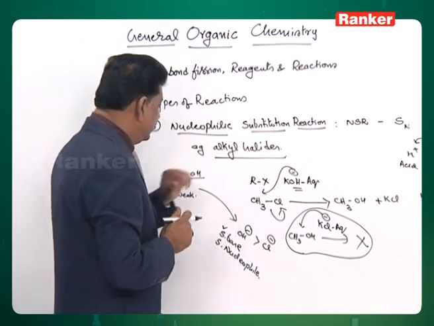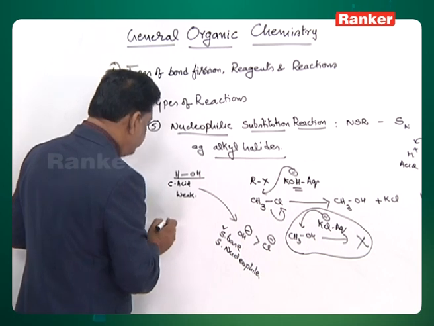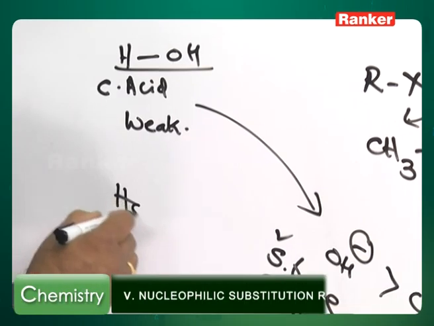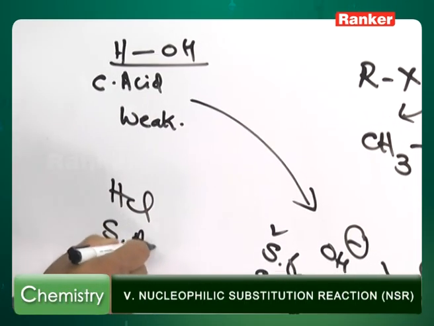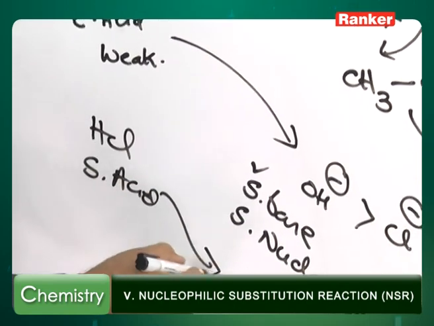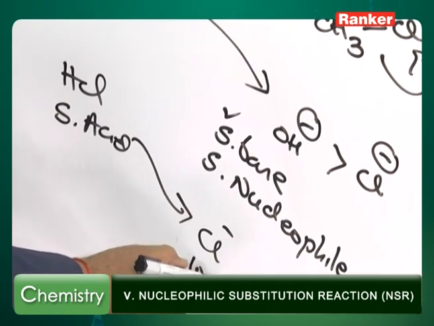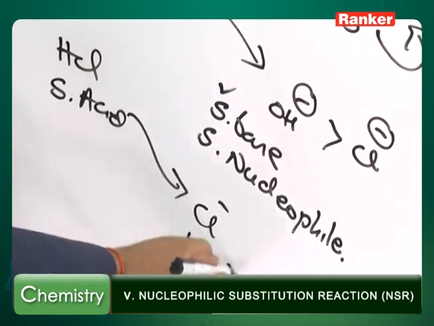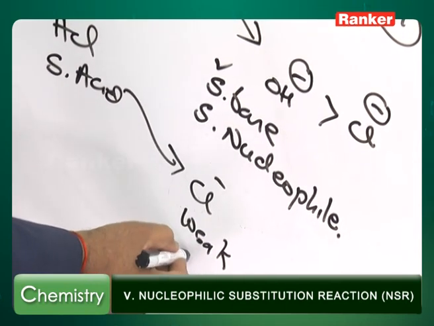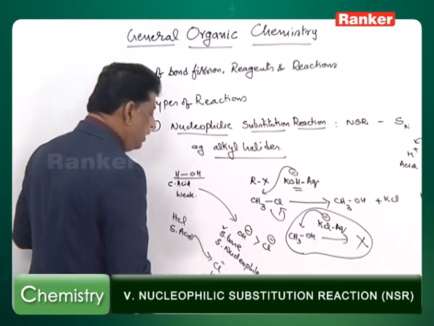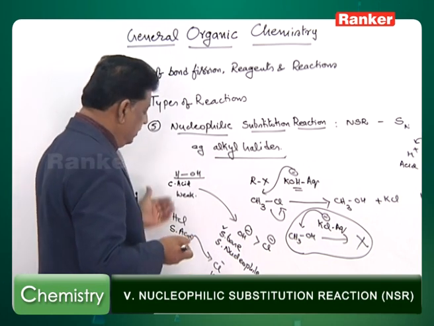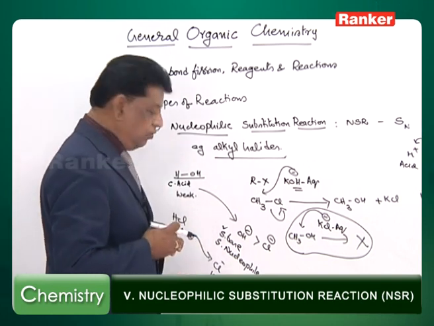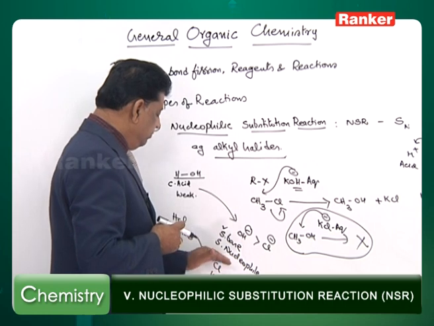If HCl is a strong acid, it will generate a Cl minus, which is weak enough. It is a weak base or weak nucleophile. So, whenever a strong acid is there, the nucleophile or base it generates will be weak.